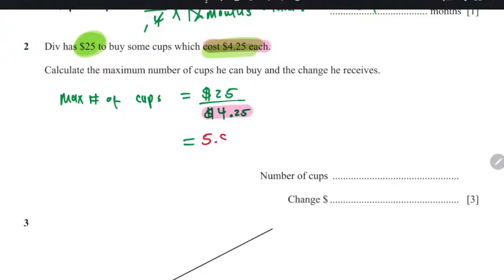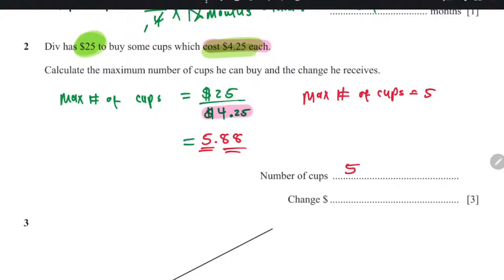Okay, 5.88. But the maximum number is the whole number, 5. So the maximum number of cups is 5, because we can't take a piece of a cup, right? So number of cups, 5 cups.